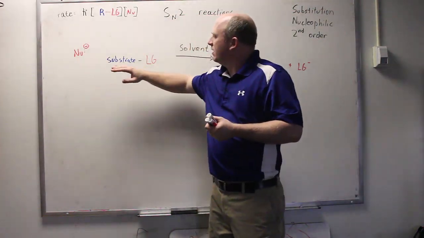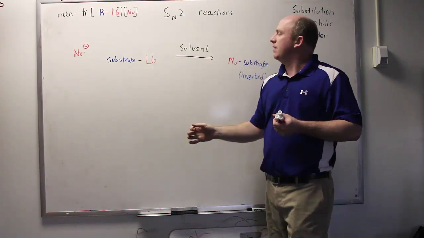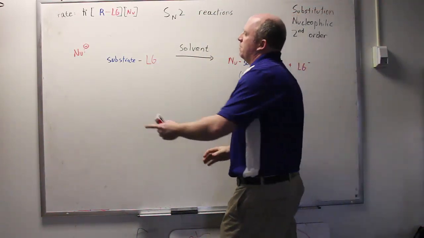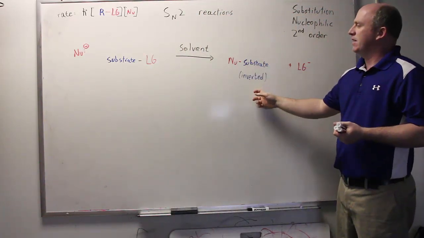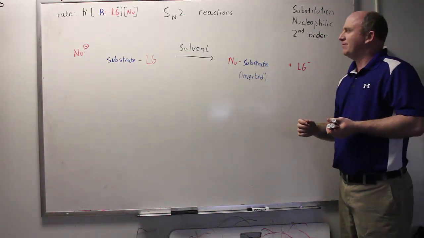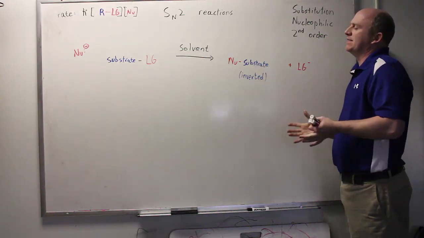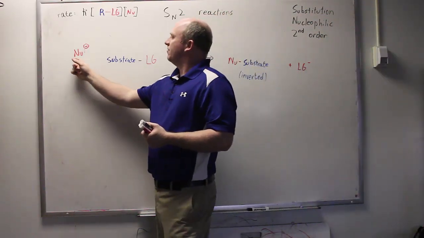In a nutshell, this is the core of the SN2 reaction in its most general form. You need a nucleophile, you need something to react with. That something needs to have a leaving group that's good enough to leave. You probably have some solvent, although it may be one of these two reactant partners. The product will end up inverted, stereochemically speaking, and the leaving group is then gone. So what determines the success or failure of the reaction? What determines how fast the reaction is going? The identity of the nucleophile clearly matters.